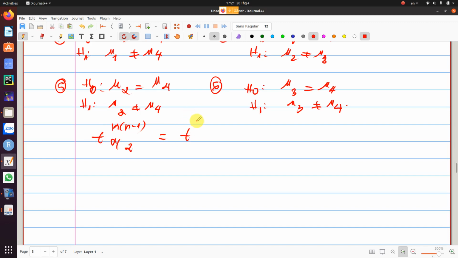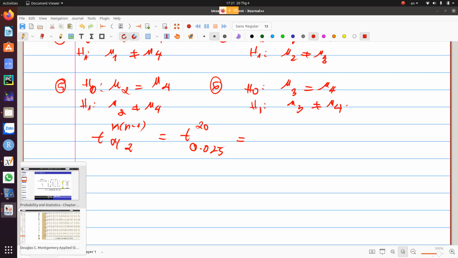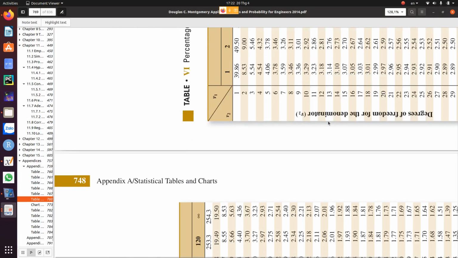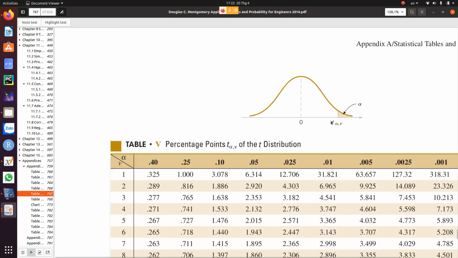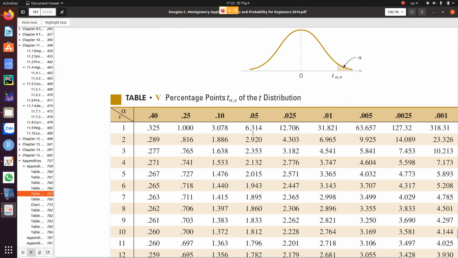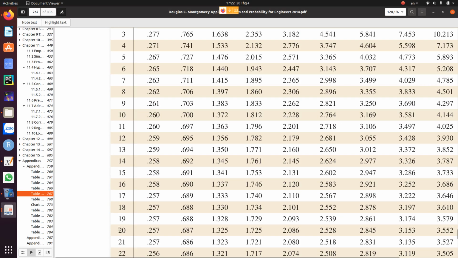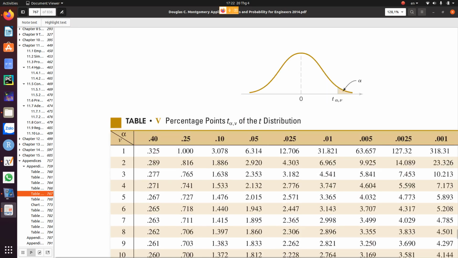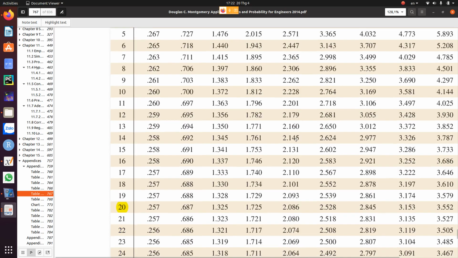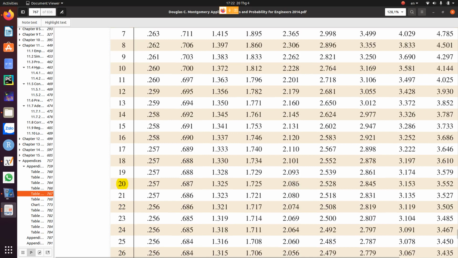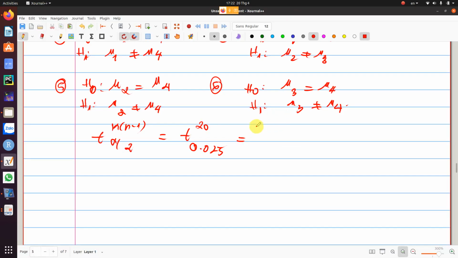So we need 20, and alpha over 2 is 0.025. Returning to the table of student distributions, degree of freedom 20 is here, and 0.025 is here. At the cross position we have 2.086, so the upper quantile is 2.086.